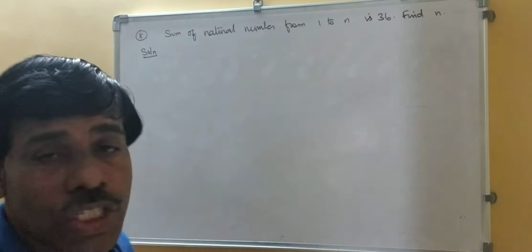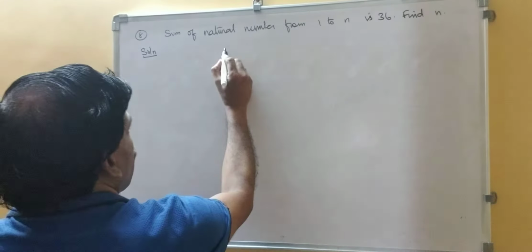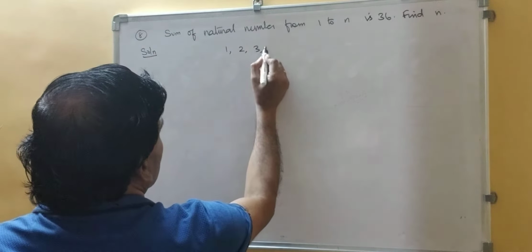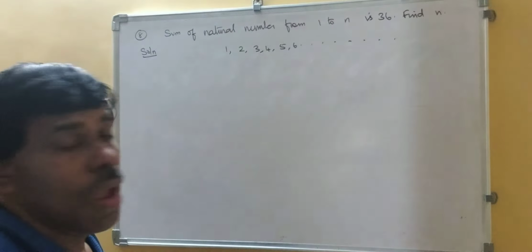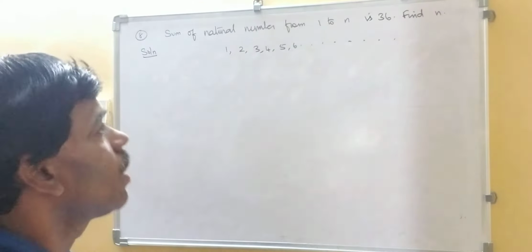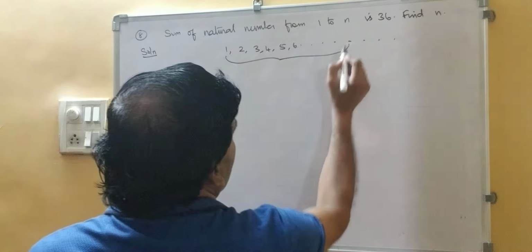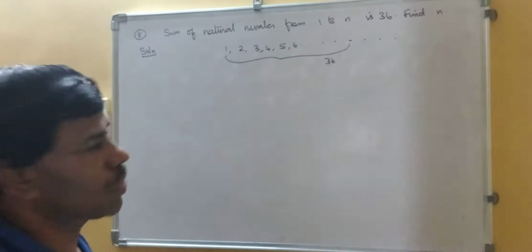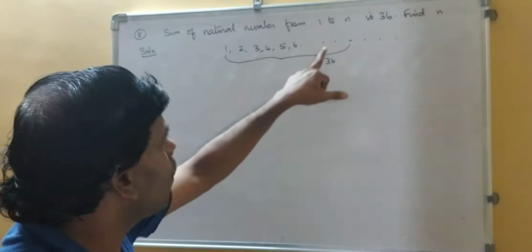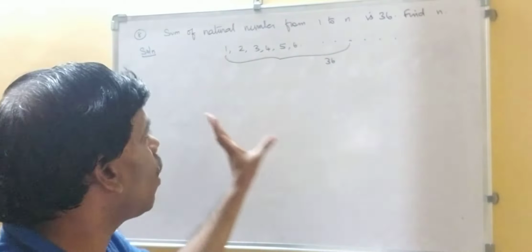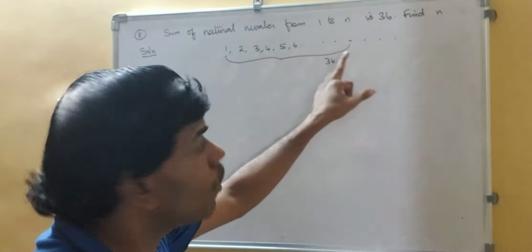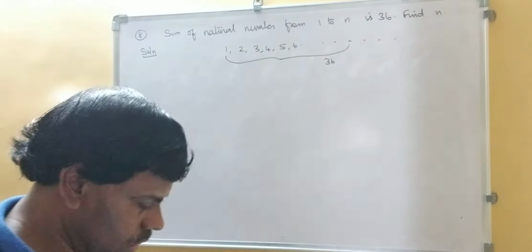The sum of natural numbers means 1, 2, 3, 4, 5, 6, and so on. But they are telling that the sum is 36. So it may be the 10th term, the 8th term, or the 20th term. We have to find up to what term if you add, you will get 36.